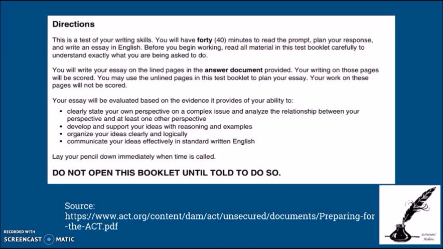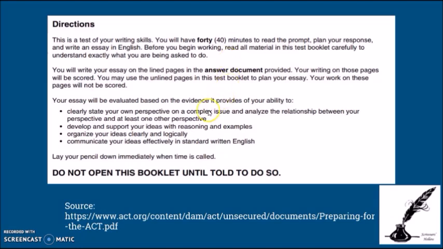Okay. Once you open the test booklet, you're going to find both lined paper and unlined paper, and it's important to remember that the examiner is only going to look at the lined paper for determining your ACT score. The unlined paper is there for you to do some brainstorming and to hash some things out, but the examiner only looks at the lined paper.